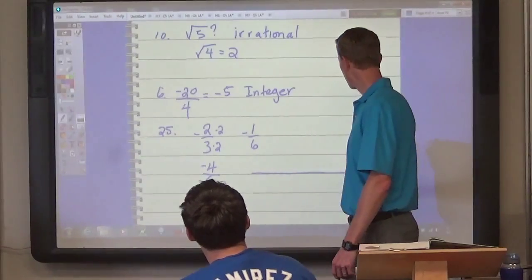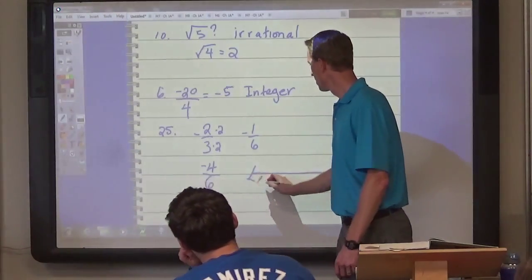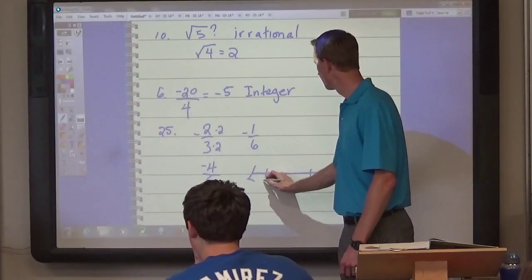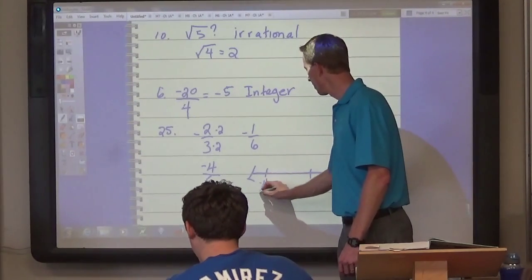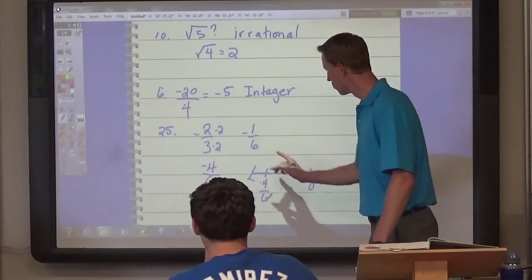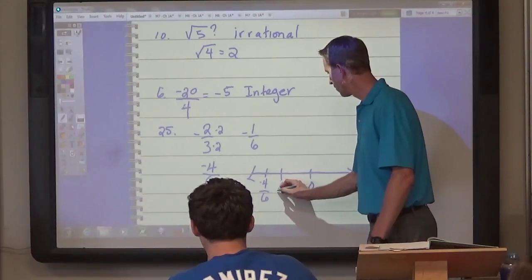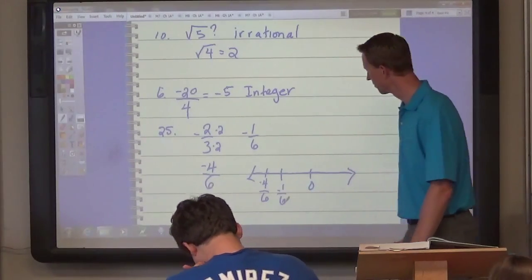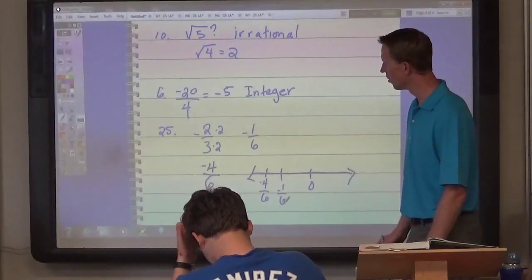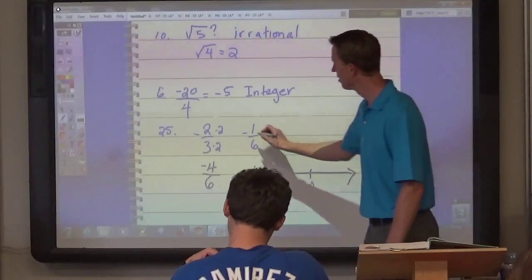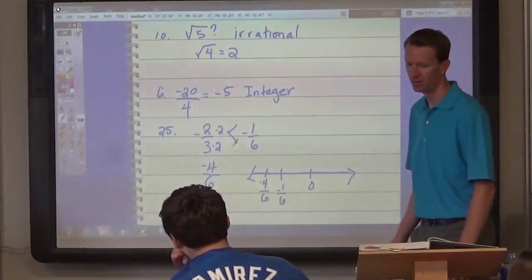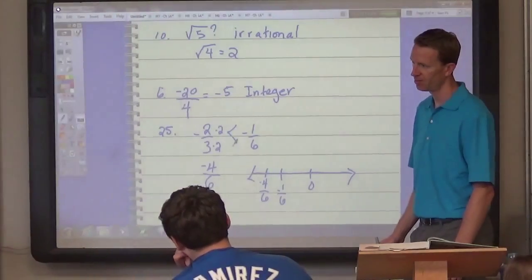Because on a number line, negative 4/6 is more negative than negative 1/6. So we would use the less than symbol. Right?